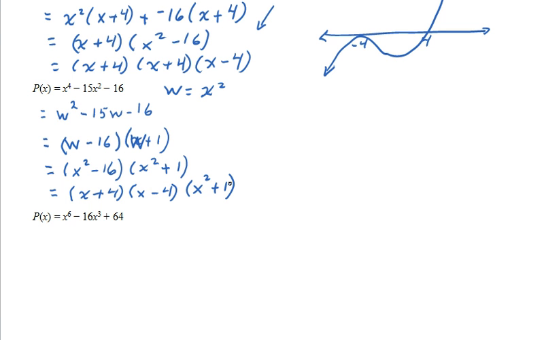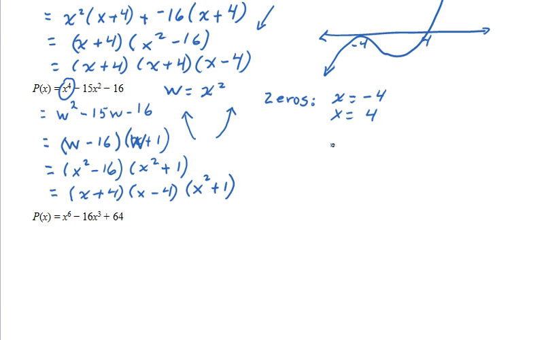So the only two real zeros this time are x equals negative 4 and x equals 4. The leading coefficient was 1x to the fourth, so the end behavior is going to be the same as y equals x squared.